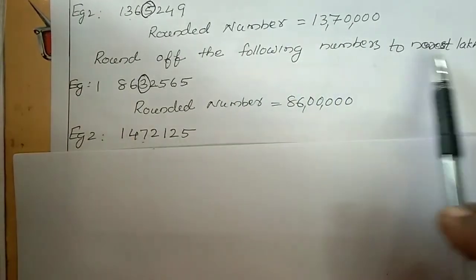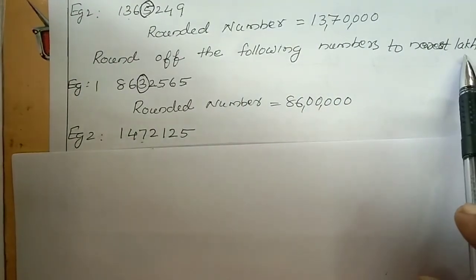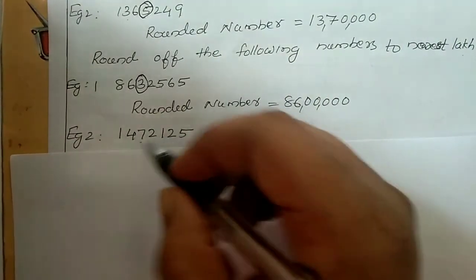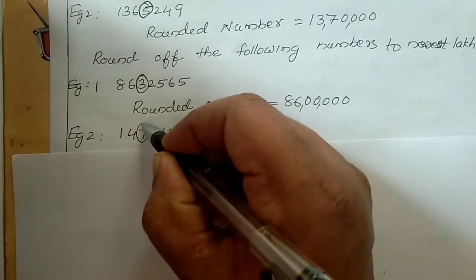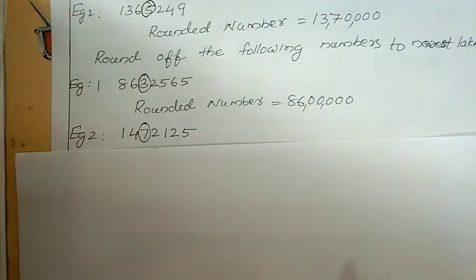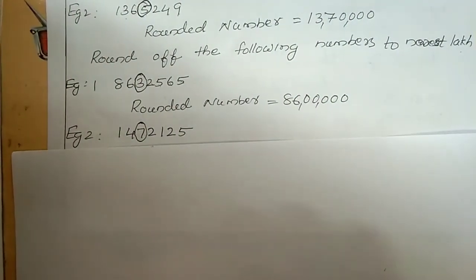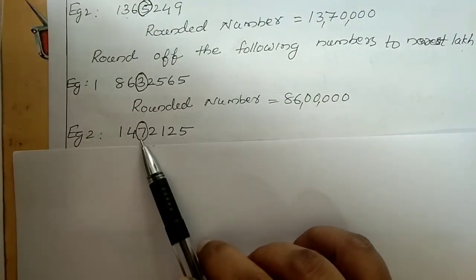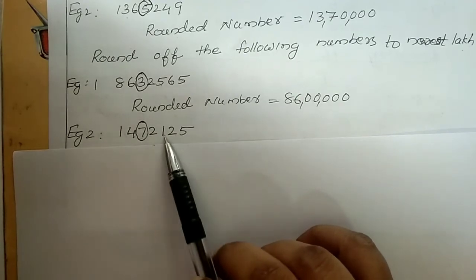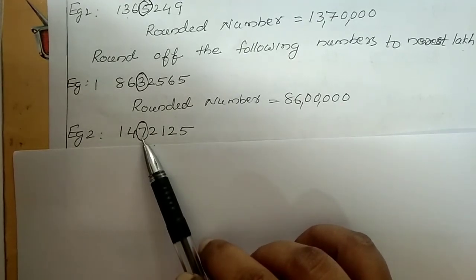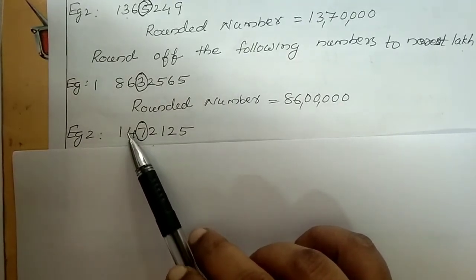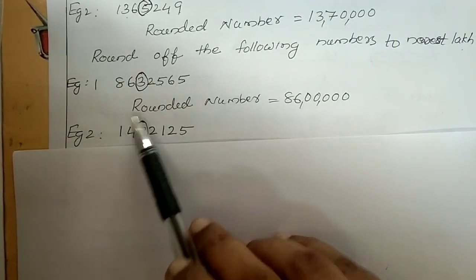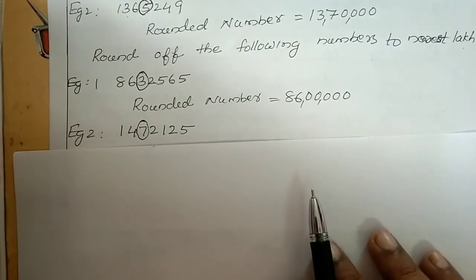Another example, 14,72,125. Your question is round off to the nearest lakh. Here also you check the 10,000 place number. Here the 10,000 place digit is 7, which is more than 5. In that case you replace these digits 7, 2, 1, 2, 5 by 0 and the number after 4, that means 4 plus 1, is equal to 5.